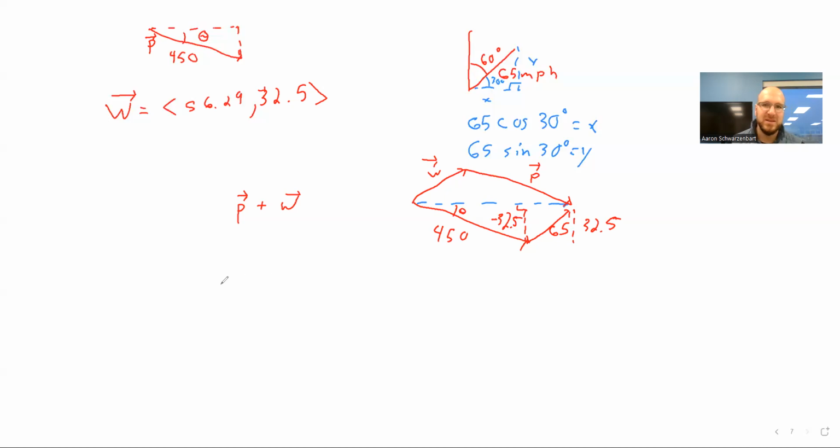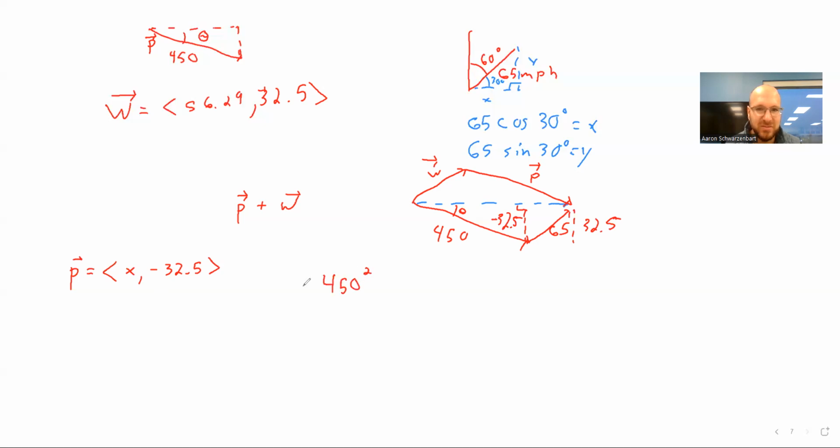Okay? So I know that about P. So P has a y coordinate that's known on the vector, a y component, to be negative 32.5. I don't know x. I could use the Pythagorean theorem. That's probably what I'll do to find x.